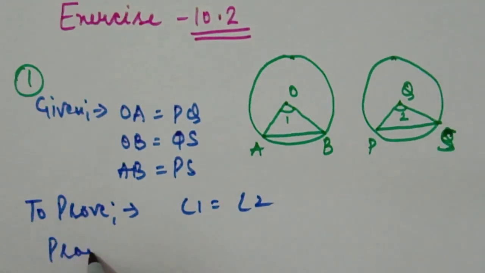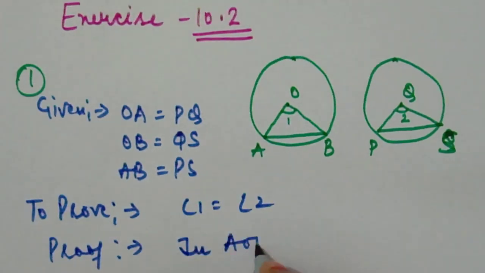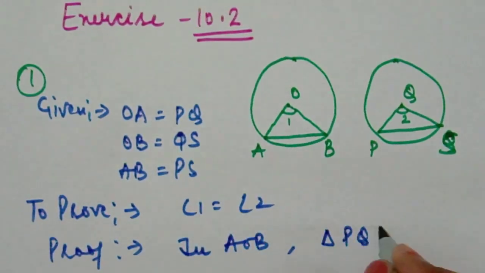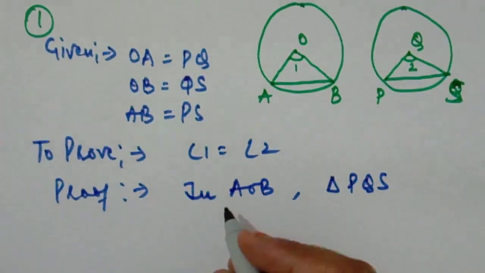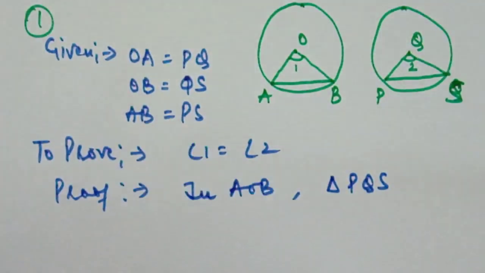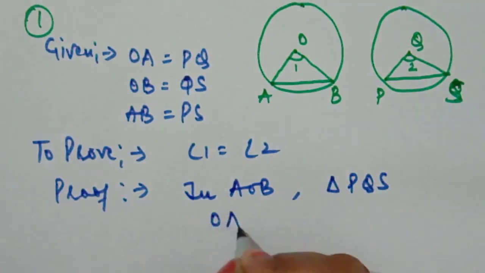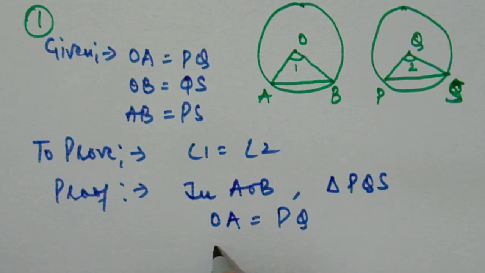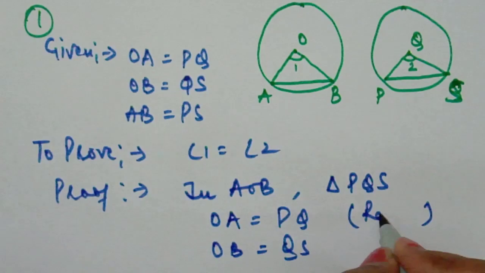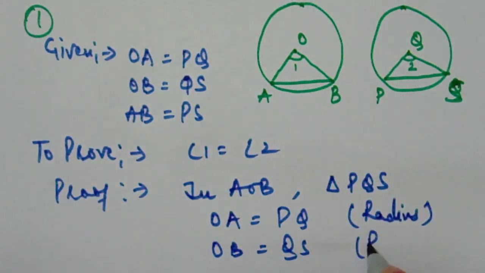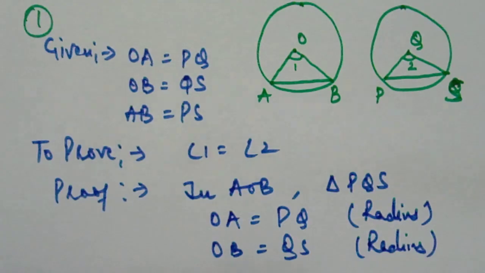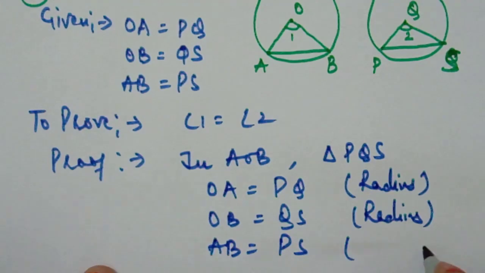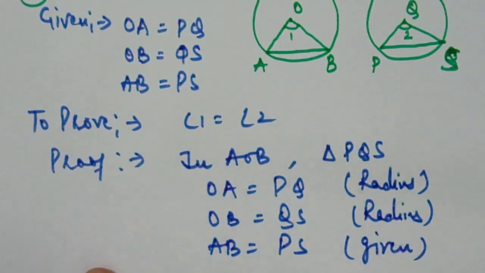For the proof, we will use two triangles. First of all, triangle AOB and triangle PQS. Correct? So now for congruency we need three elements which are already given to us: OA is equal to PQ, OB is equal to QS. We write here radius of congruent circles or given, both reasons are correct. And AB is equal to PS, it is also already given, equal chords are given.